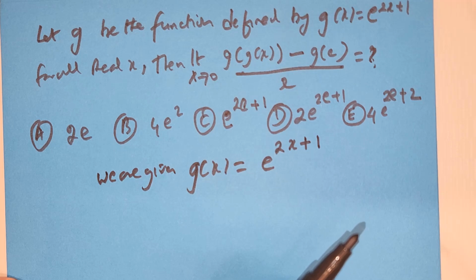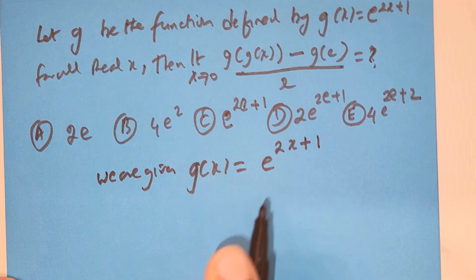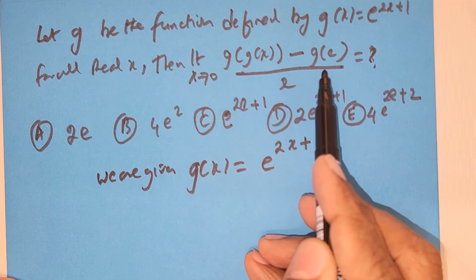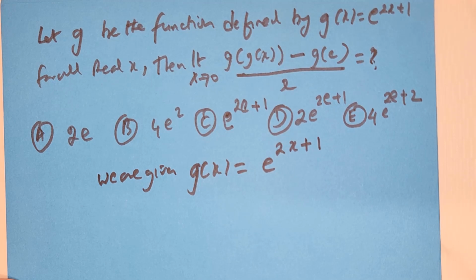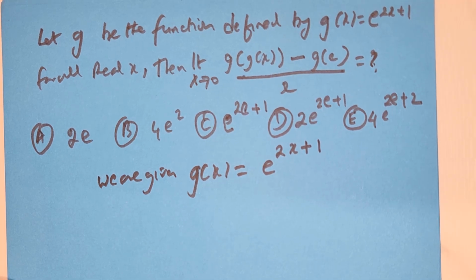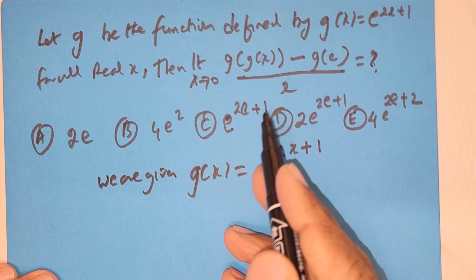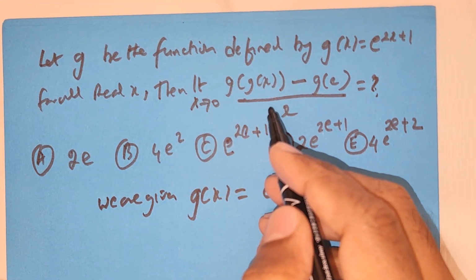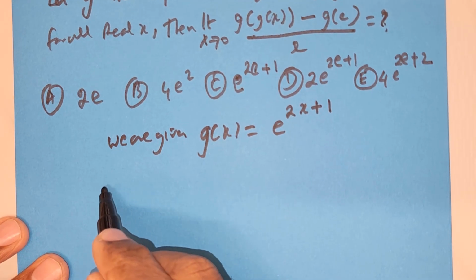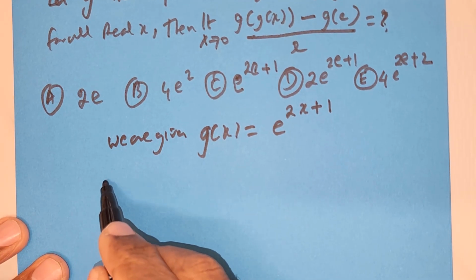If I were to utilize the definition of limits, we can easily identify that this is nothing but the derivative of a function. So we can go in that direction, or we can go in the direction of applying limits. So let's go in the direction of applying the limits.